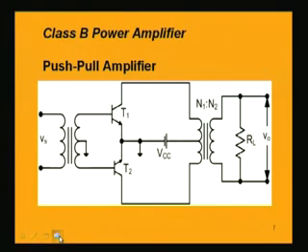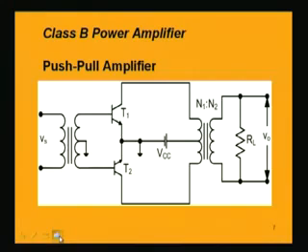That is, the quiescent point is located in such a way that it does not allow half of the current cycle to flow. For example, we have a push-pull amplifier which is an example of a class B operation. So, what is there in this class B push-pull type of amplifier?